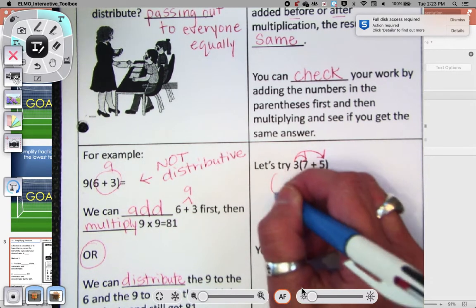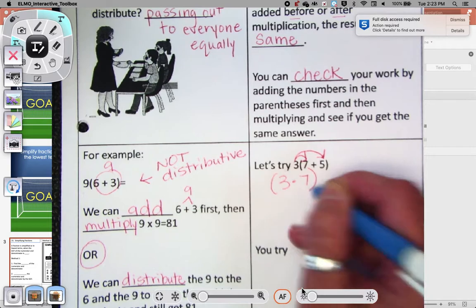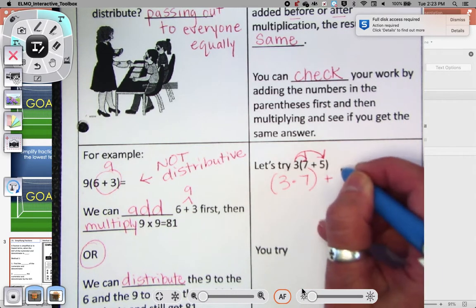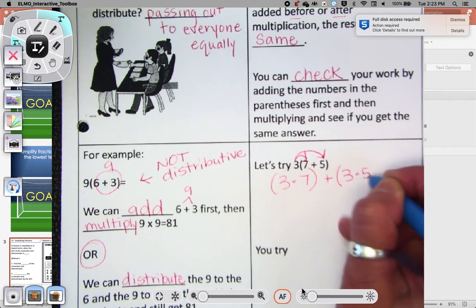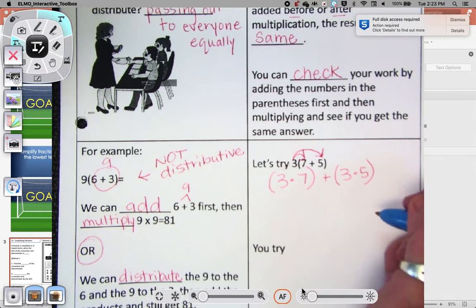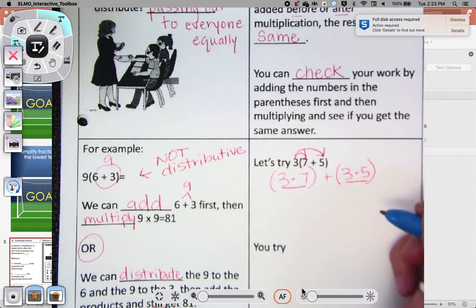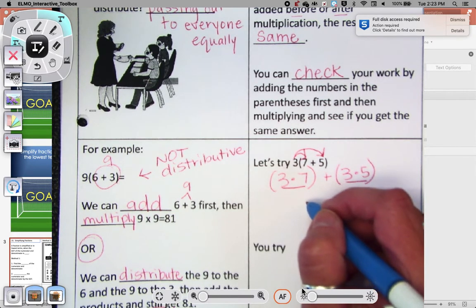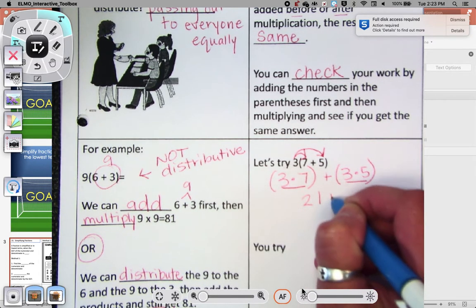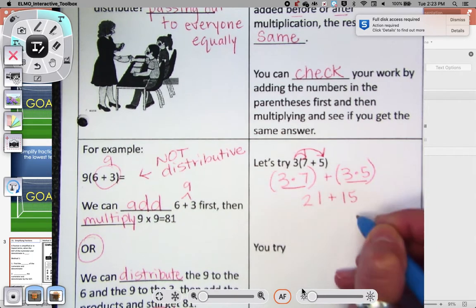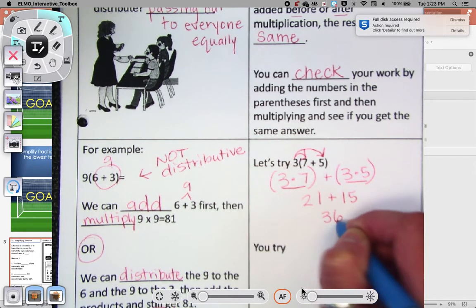So we're going to distribute the 3 to the 7, and we're going to distribute the 3 to the 5. Don't forget, we've got to multiply first and then add.